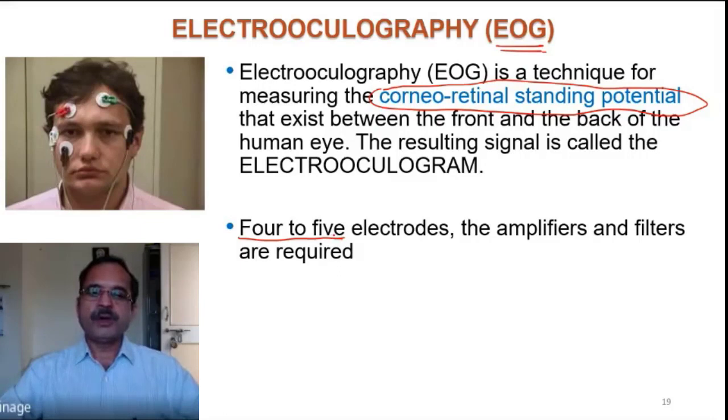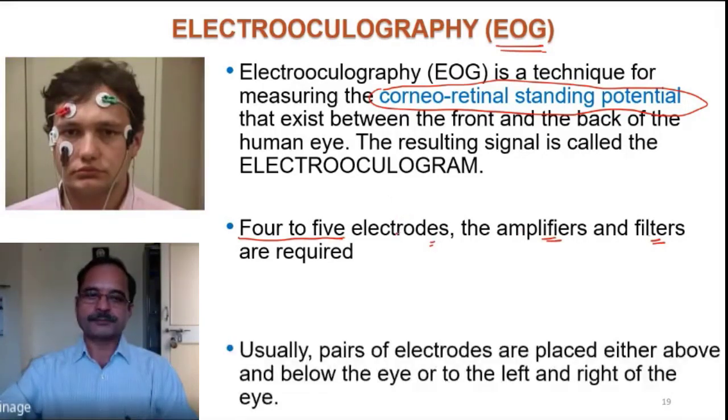Now, for amplification purposes, because the signal acquired from these electrodes is very small in amplitude, you will need some amplifiers and filters for processing this signal. So the instrument responsible for measuring EOG requires amplifiers and filters along with the electrodes.